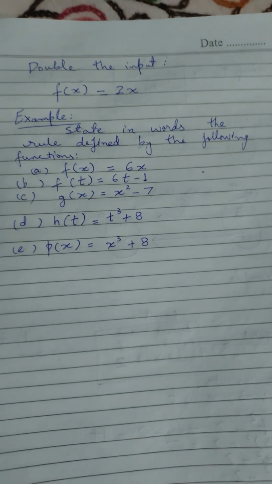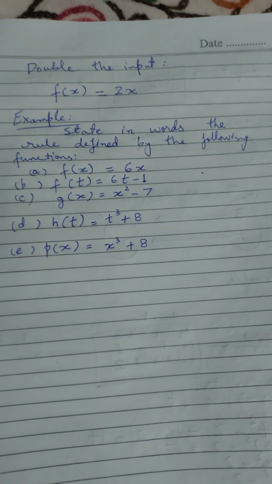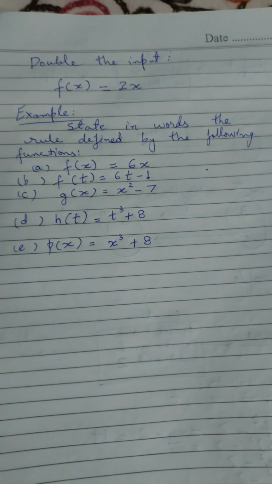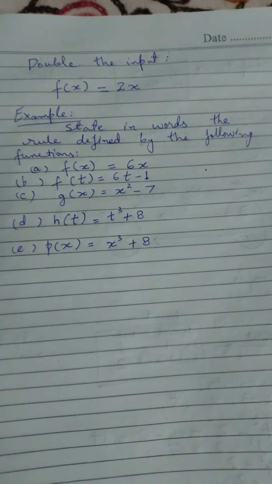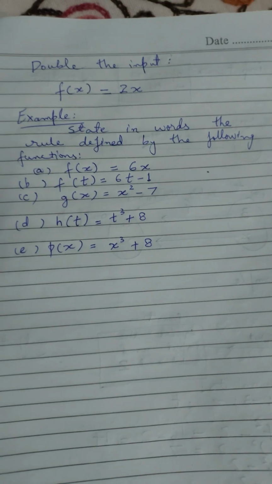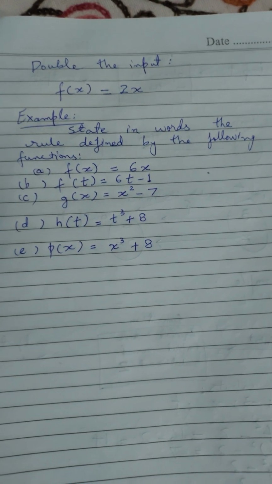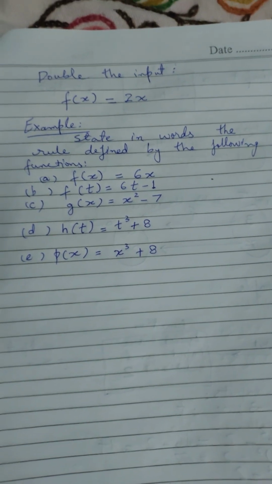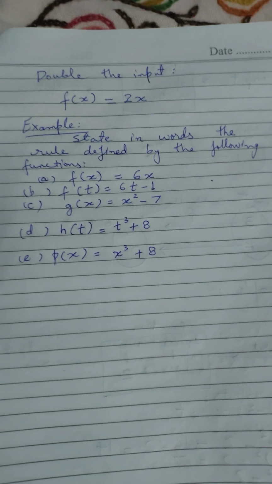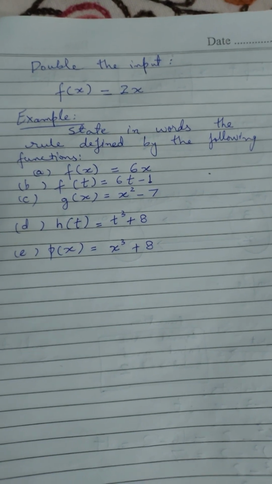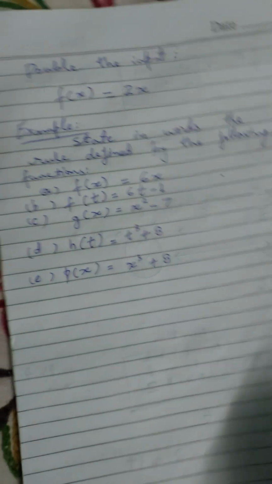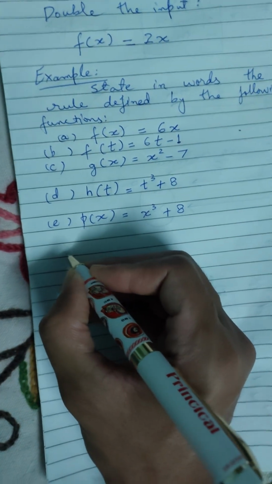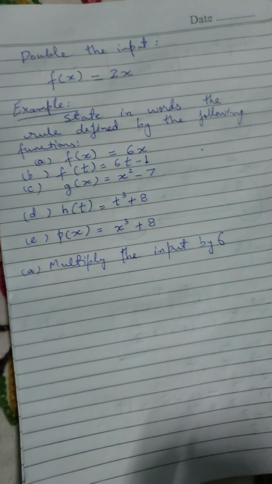The function is f, and the input is x, and the output is, multiply this input by 6. Okay, we can write this.